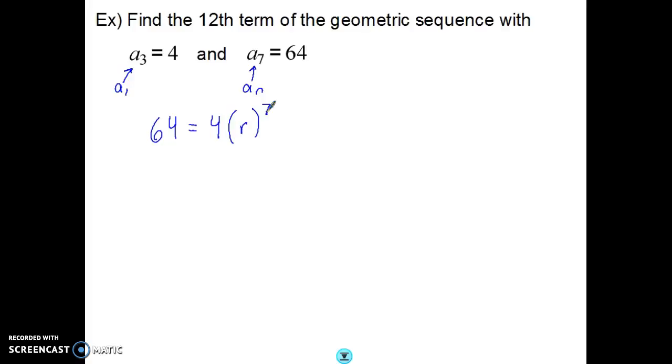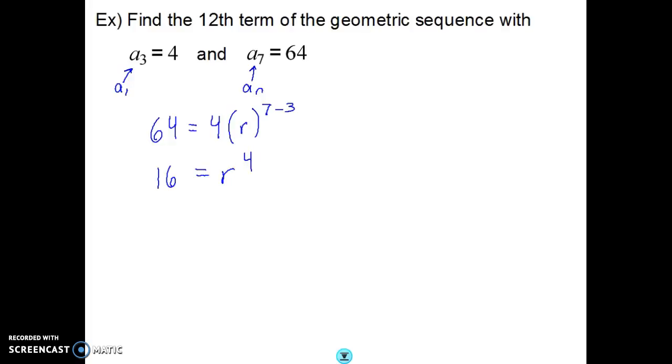And instead of minus 1, because we're using a sub 3, we're going to be using 7 minus 3. So we can continue to simplify from here, divide both sides by 4, we'll get 16 equals r to the 7 minus 3, which is 4.